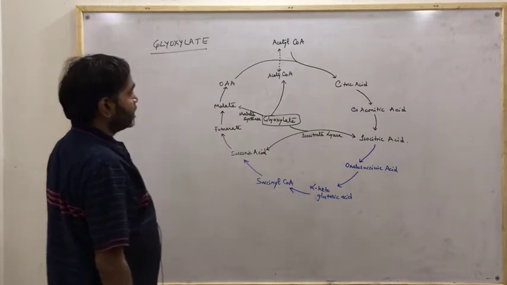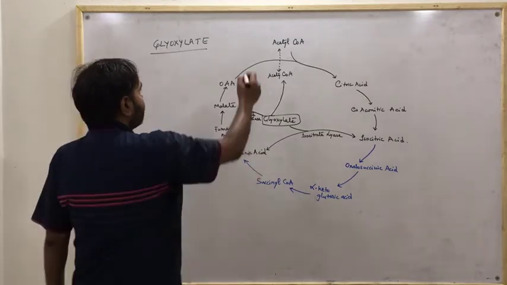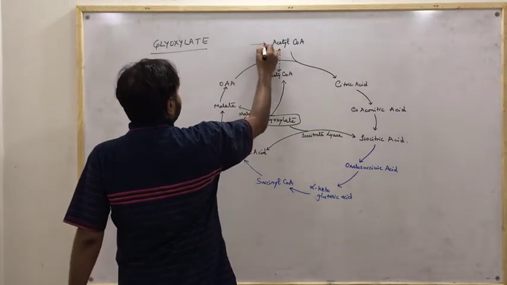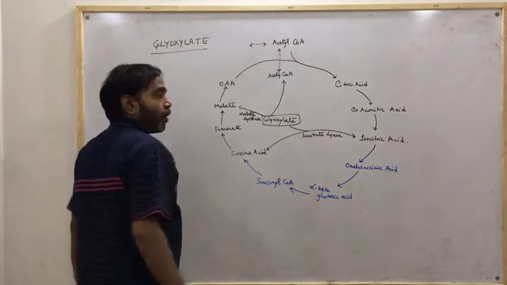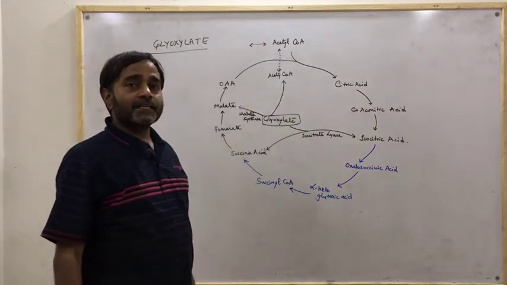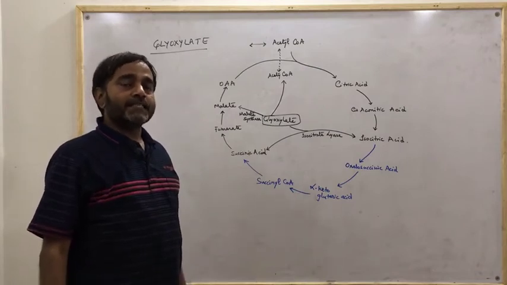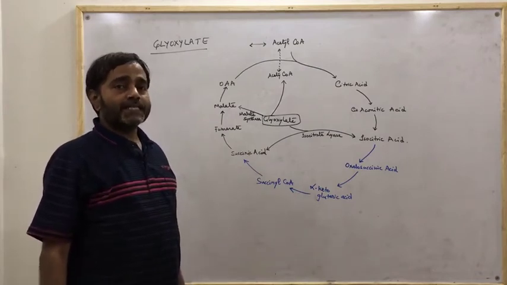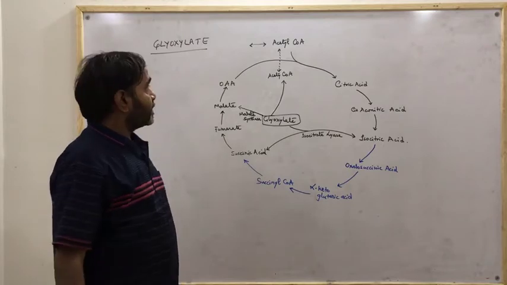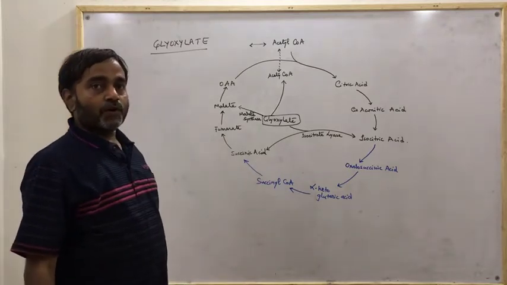So this glyoxylate pathway is a very important pathway, particularly in those organisms where organic acids like acetic acid are utilized as the food material, or you can say that are dependent on organic acids for their metabolism. That is the main source of energy for those organisms.